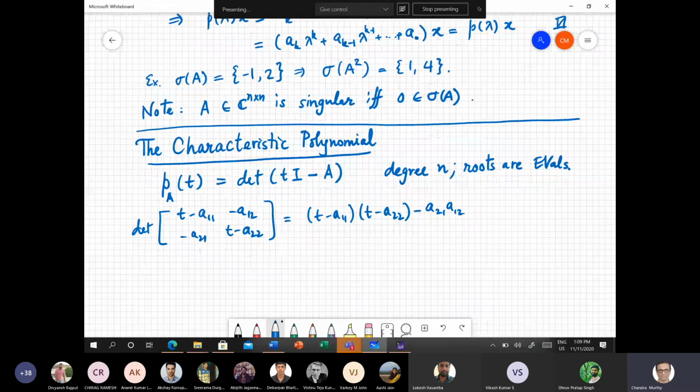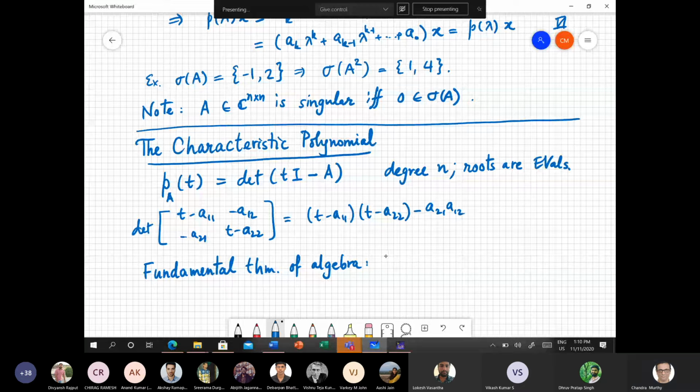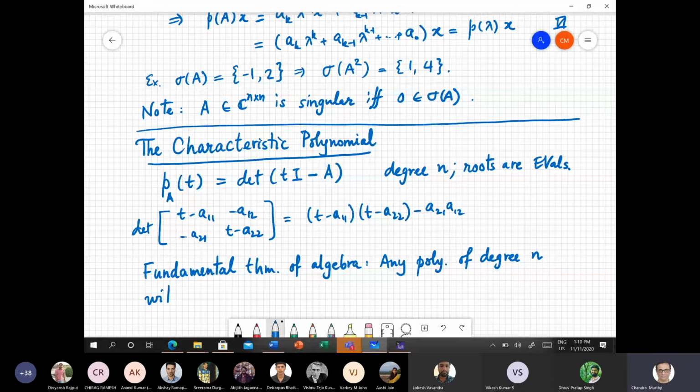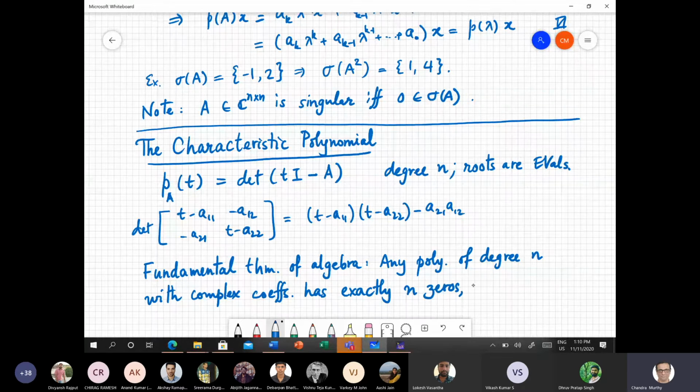There is what is known as the fundamental theorem of algebra. We will not prove this here, we'll take it on faith, but it says that any polynomial of degree n with complex coefficients has exactly n zeros counting multiplicities.